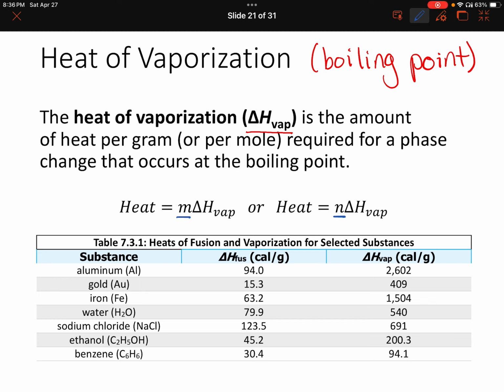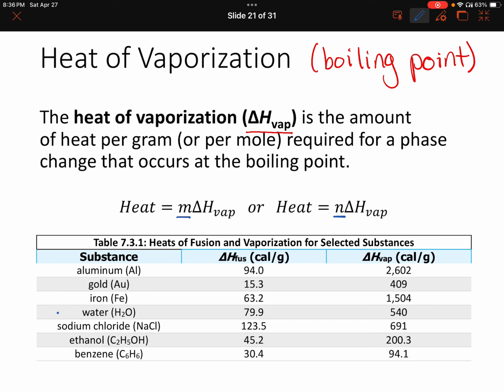It's super easy to melt a piece of ice. It can just melt in your hand, right? But it's really hard to boil water. And we talked about that before. It takes forever to boil water. So melting ice doesn't take very much heat, but boiling water takes a lot of heat. So we have different constants for those two different points.